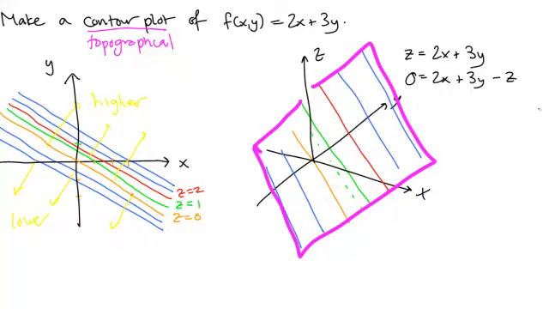In fact, it's the equation of a plane which passes through the origin and has a normal vector of 2, 3, minus 1, or it might make my life a little bit easier to draw it this way, minus 2, minus 3, 1. If I were to draw that vector, it would be a vector which goes down this way, up this way. So a vector which sticks out something like this. And that doesn't seem completely unrealistic with the kind of graph I've got right here.